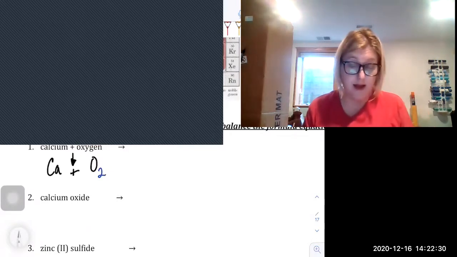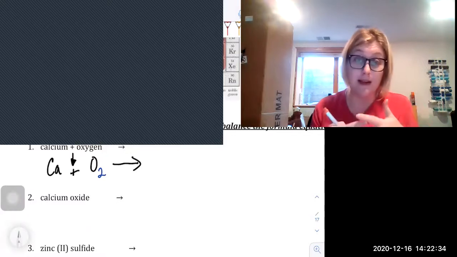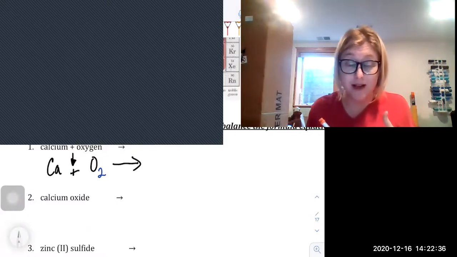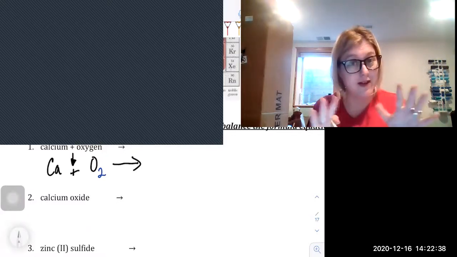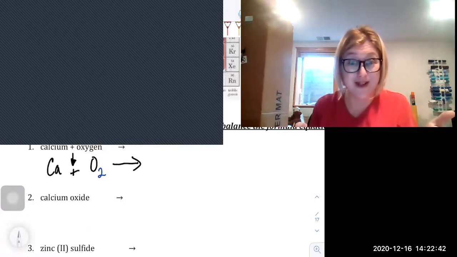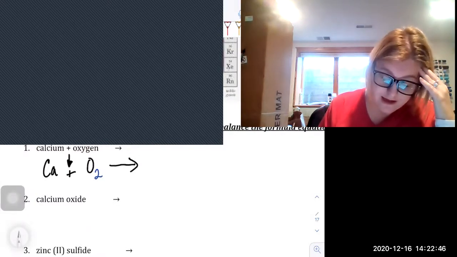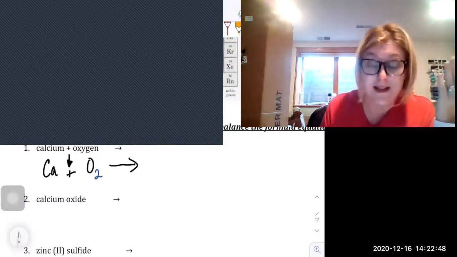Okay, just like that. And then when I go to chemically combine them, remember in our last unit, see how everything's starting to build? In our last unit, when we make compounds, you have to crisscross charges. So you need to do a little intermediate step here.